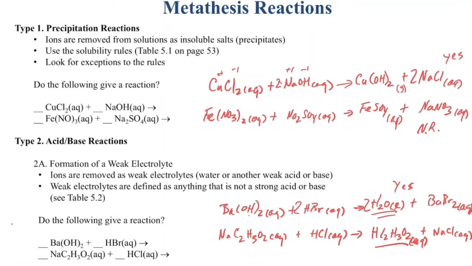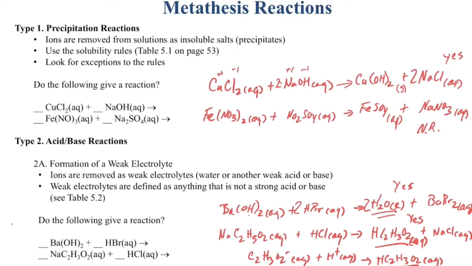Since this is a weak electrolyte, we have C2H3O2 minus aqueous, plus we have H plus aqueous. The Na and the Cl go away. Those are spectators because they're on the other side. When these come together, this makes HC2H3O2 aqueous. And this doesn't break up in solution. This stays together because it's a weak electrolyte. So yes, we are having a reaction, and the reaction is that we're forming the weak electrolyte acetic acid.